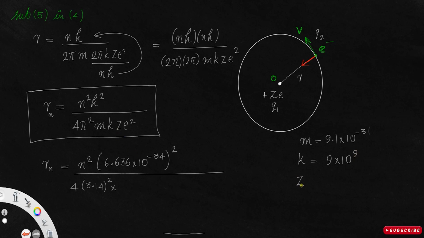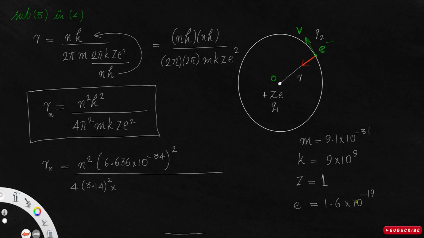For hydrogen atom, we know its atomic number is 1, Z equal to 1. I just took the general expression here, Z. Actually the atomic number of hydrogen is 1, and we know the value of the charge of electron is 1.6 into 10 raised to minus 19.